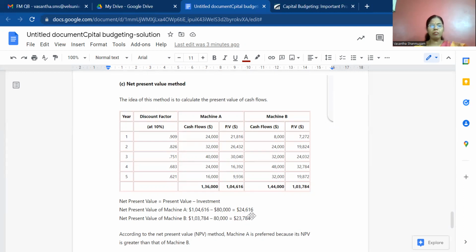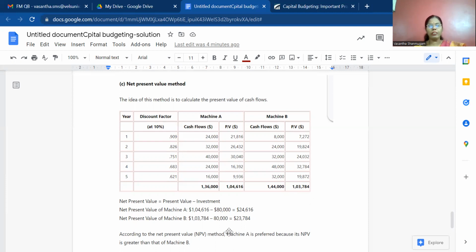Similarly, we have to calculate machine B also. The machine B cash inflows for 5 years are 8,000, 24,000, 32,000, 48,000, 32,000. So the total value is 1,44,000. Now you multiply with the discount factor for the present value of cash inflow. You get these values: 7,272, 19,824, 24,032, 32,784, 19,800. In total it comes to around 1,03,784.